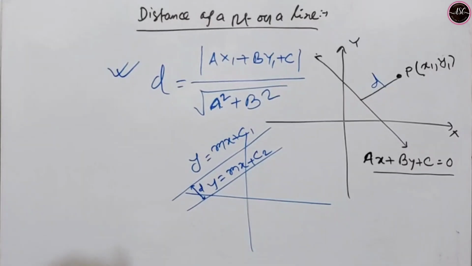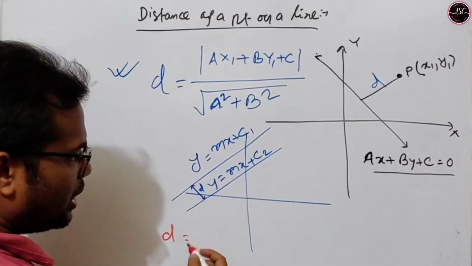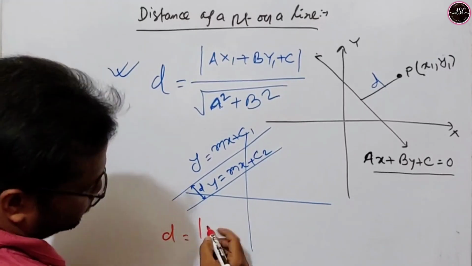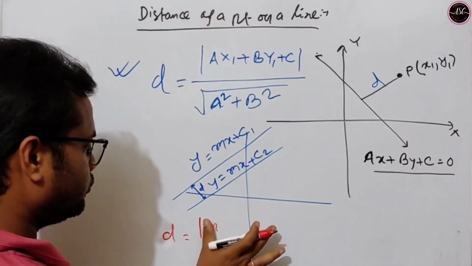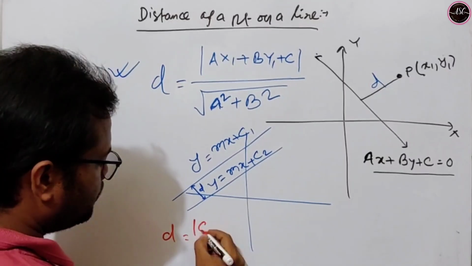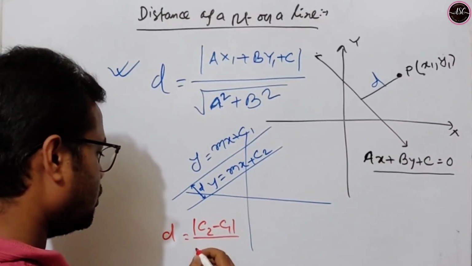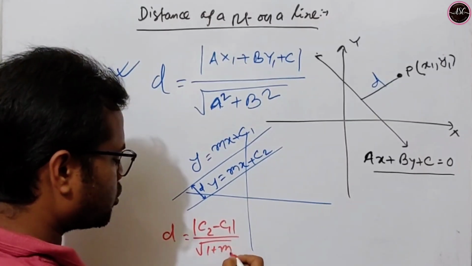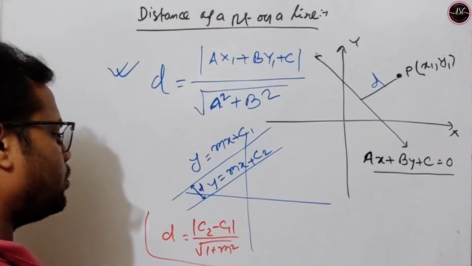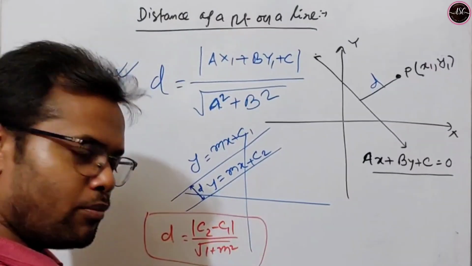The value of d equal to mod of c2 minus c1 divided by root 1 plus m square. This is the formula for the distance between two parallel lines.